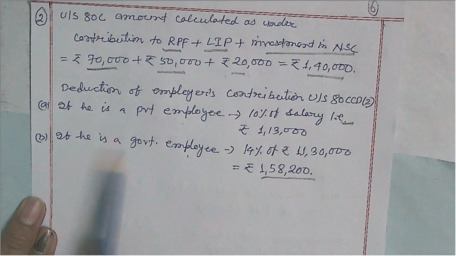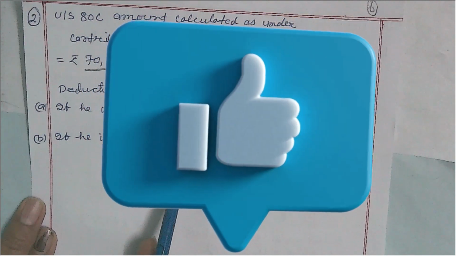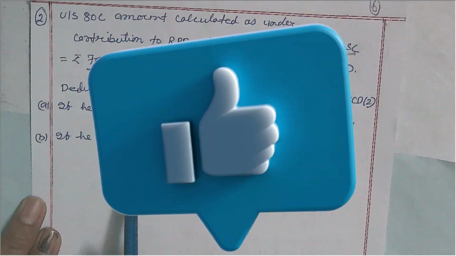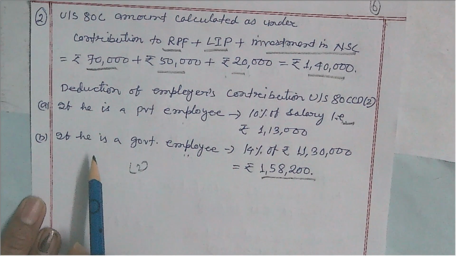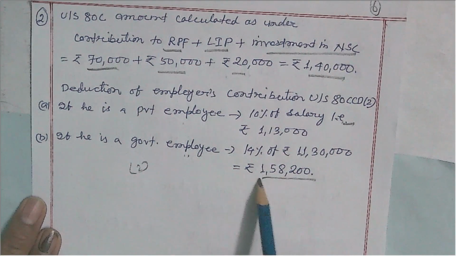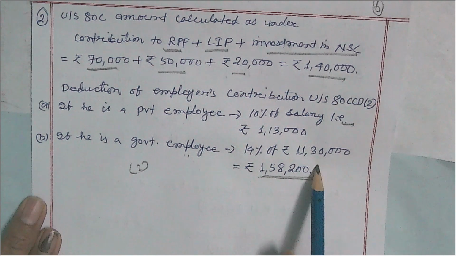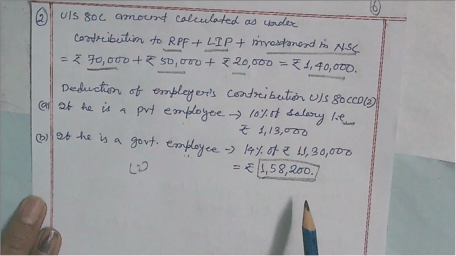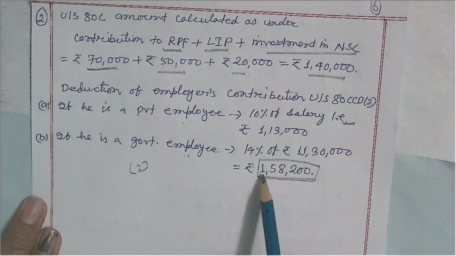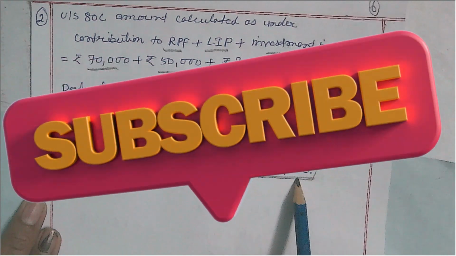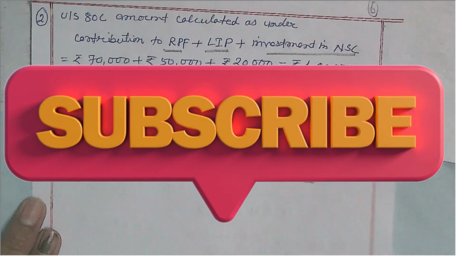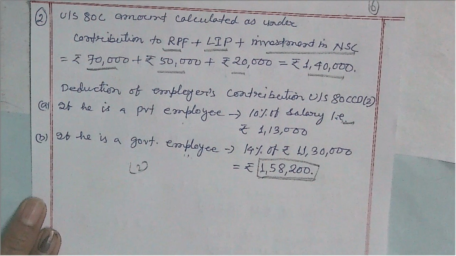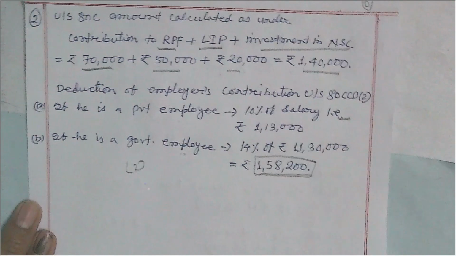So for the government employee under section 80CCD subsection 2, the amount which is given, you have to replace that amount by 1,58,200, and the rest of the things remain the same. You only put the value 1,58,200 in section 80CCD subsection 2, and all of you practice it.